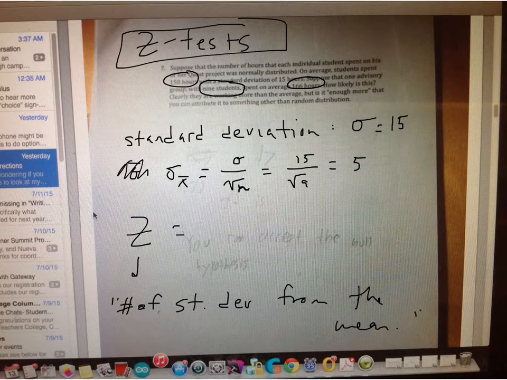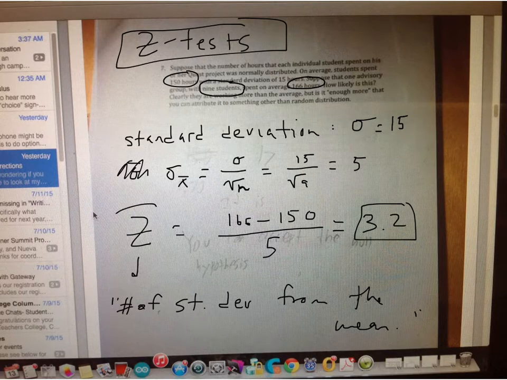So we're going to say I got 166 minus the mean, so that's the difference my value is from the mean, but I want to talk about that in terms of how many standard deviations it is, so divided by 5. I think this equals 3.2, and this is the z value.